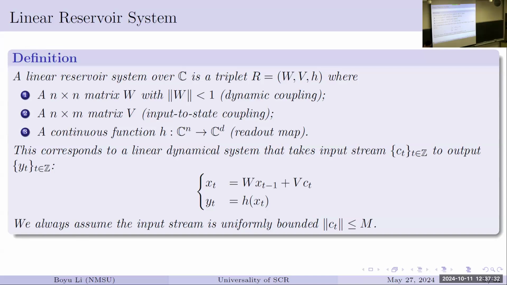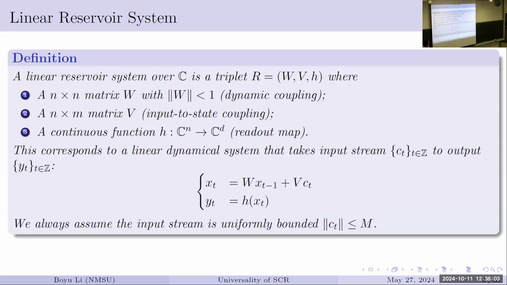That's why we require this matrix to have operator norm strictly less than one. So the idea is your memory is eventually fading. The x_{t-1} is your previous memory, which depends on x_{t-2} and so on. As time goes on, all the earlier memories are fading out. That's captured by this norm less than 1.